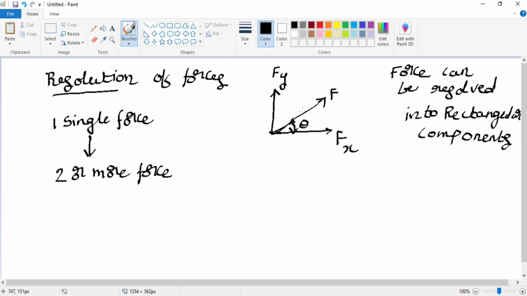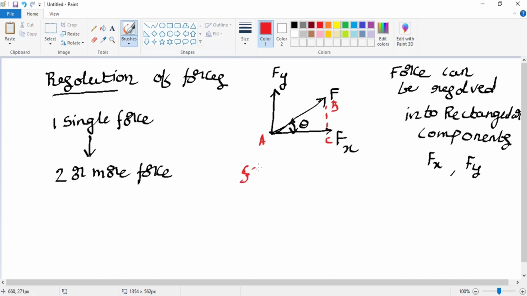This is the force F, and we know this force. If you know this force, we can find the values of Fx and Fy. How can we find them? Let us consider F. If you observe, it is a right angle triangle ABC.